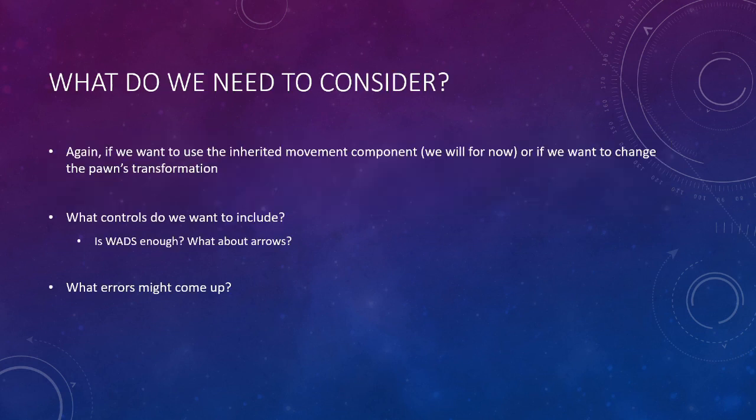And things we need to consider. Again, do we want to use the inherited movement component, which is what we'll do for now, or do we want to change the pawn's transformation, which is what we'll start to do during lessons 4 and 5? And what controls do we want to include? Are the standard WASD keys enough, or do we want to add in arrows?